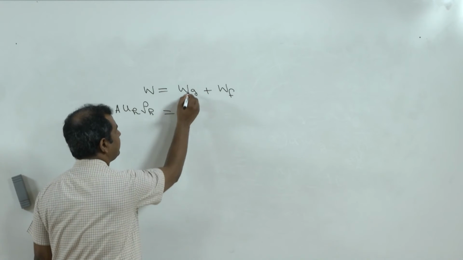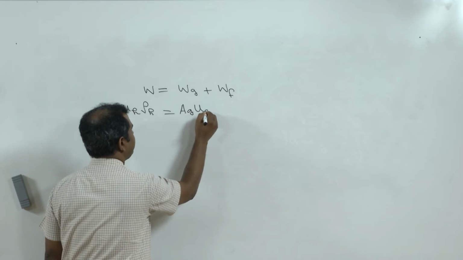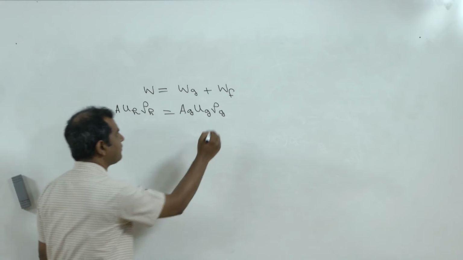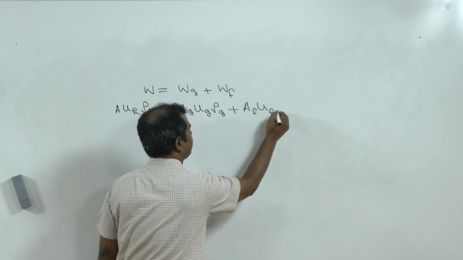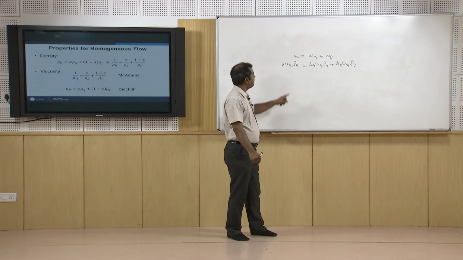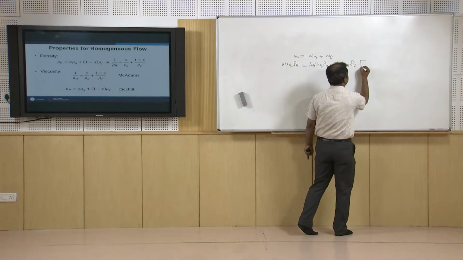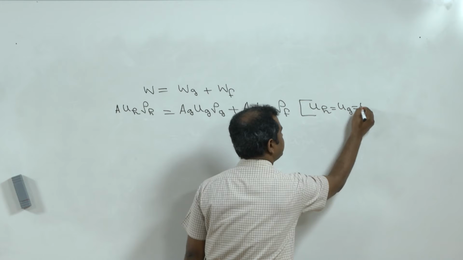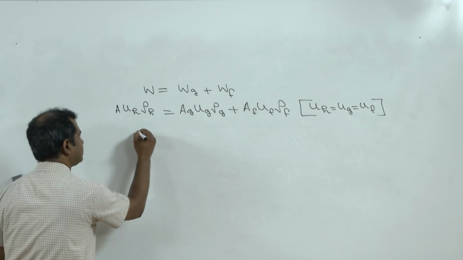On the other hand, Wg can be written as Ag, Ug and rho g from the continuity equation. Similarly, Wf can be written as Af, Uf and rho f. As we know from the homogeneous model, UH equals Ug equals Uf, so this U can be cancelled from both sides.